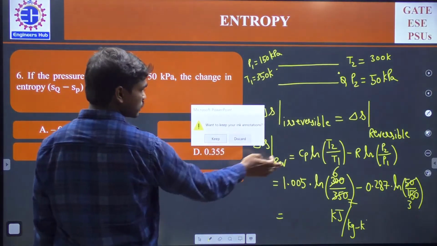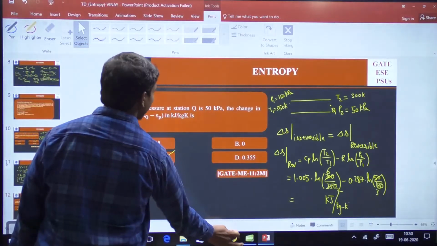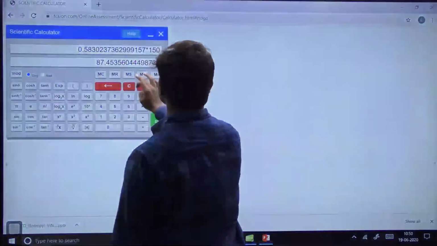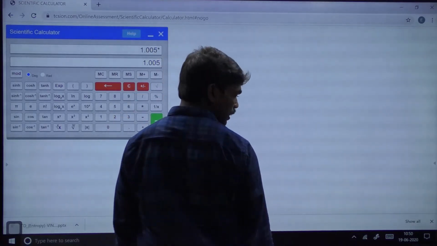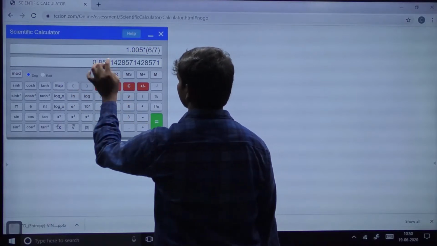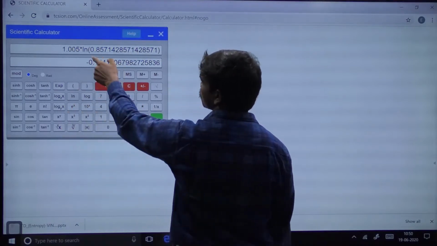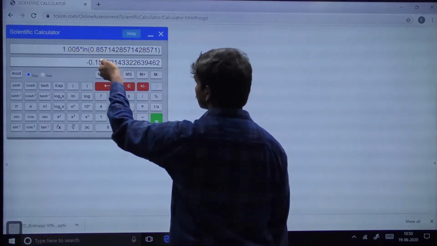This is ln 6/7. Let me use a calculator and calculate the values. So 1.005 into, now you want the log value of 6/7, so you apply ln for this. This is the total value.